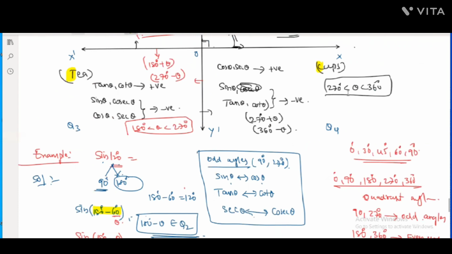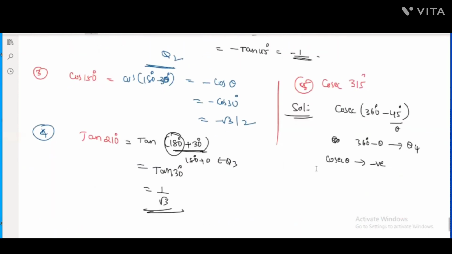Cosecant theta is negative here. So what answer will we get? Negative means minus cosecant 45 degrees. Since 360 is also an even angle, we cannot change the cosecant. Cosecant will remain cosecant only. So minus, cosecant 45 is root 2. So minus root 2 will be the answer.